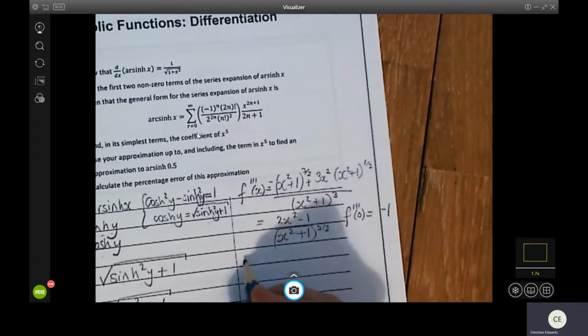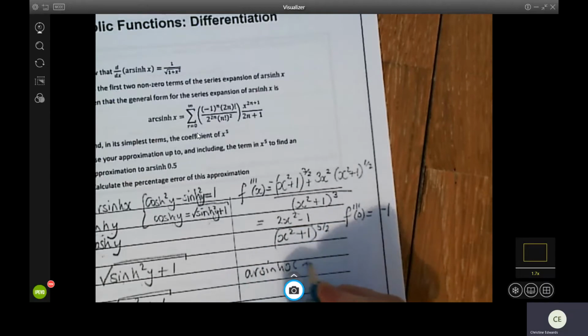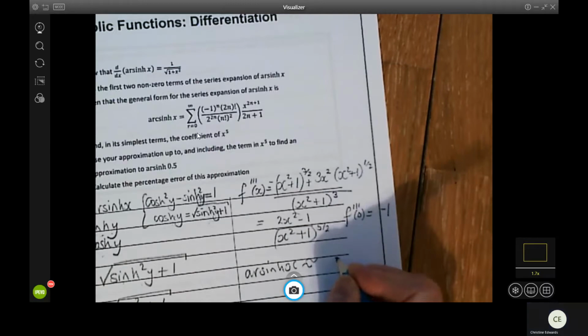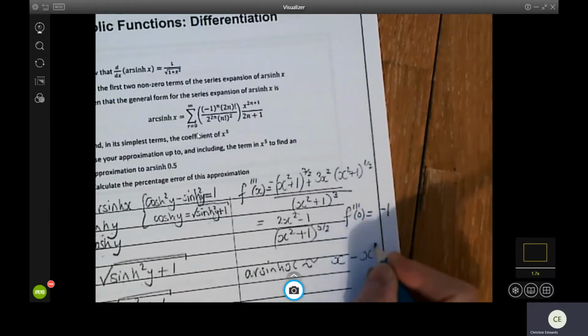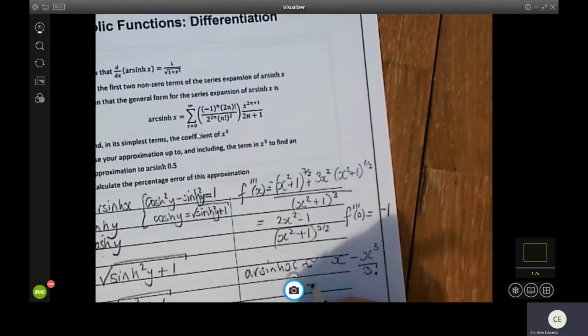So that means that arcsine of x can be approximated by using Maclaurin's x minus x cubed over 3 factorial, or x minus x cubed over 6.